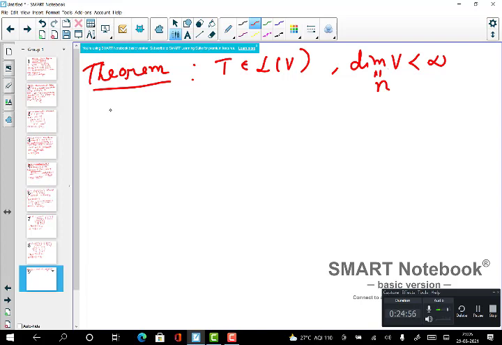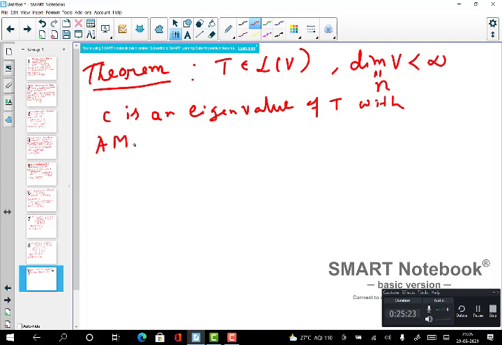And I am assuming that c is an eigenvalue of T, with algebraic multiplicity of c.